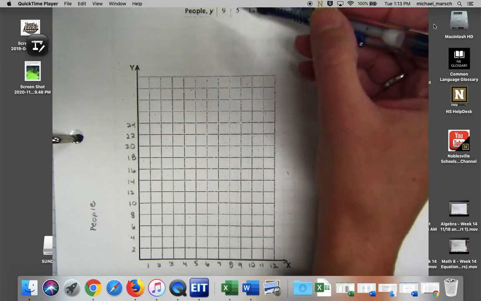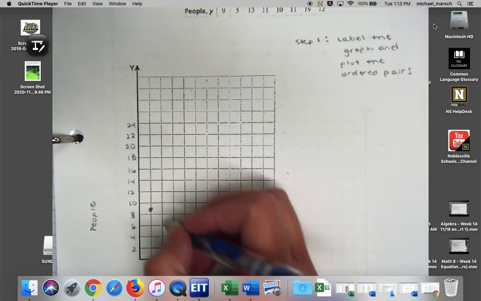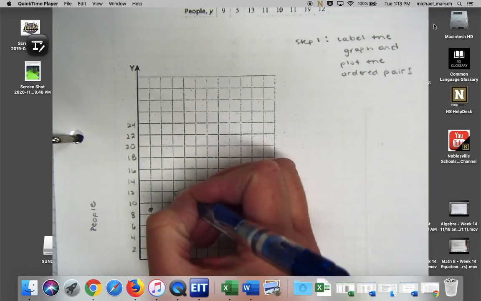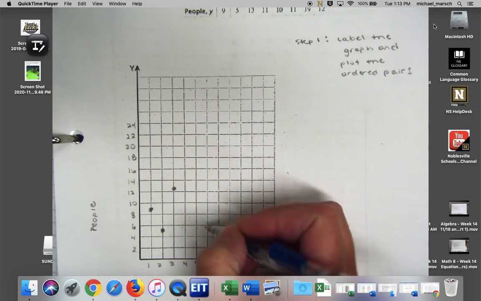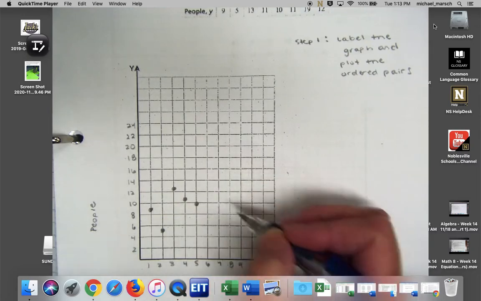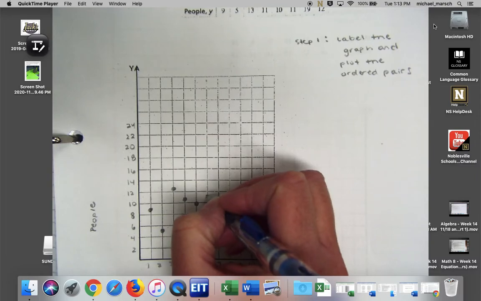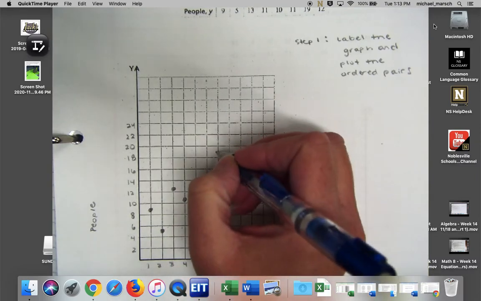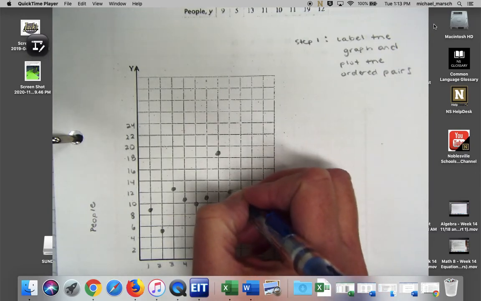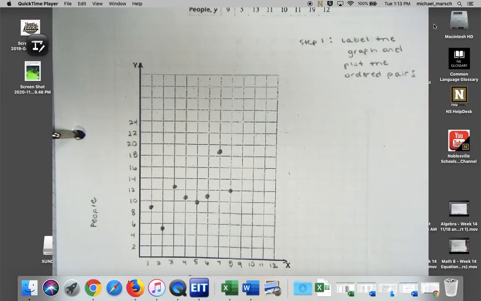Then I'm just going to use my ordered pairs, and I'm going to plot these. So I scattered my plots.